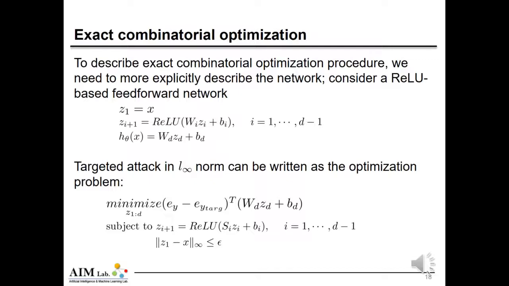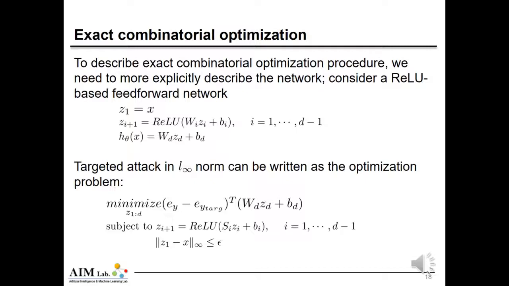The idea is we are going to minimize the inner product between the unit basis on the true class minus the unit basis on the target class and the class logits. So again, all we are really doing here is minimizing the class logit of the true class and maximizing the class logit of the target class. This is subject to ReLU constraints.